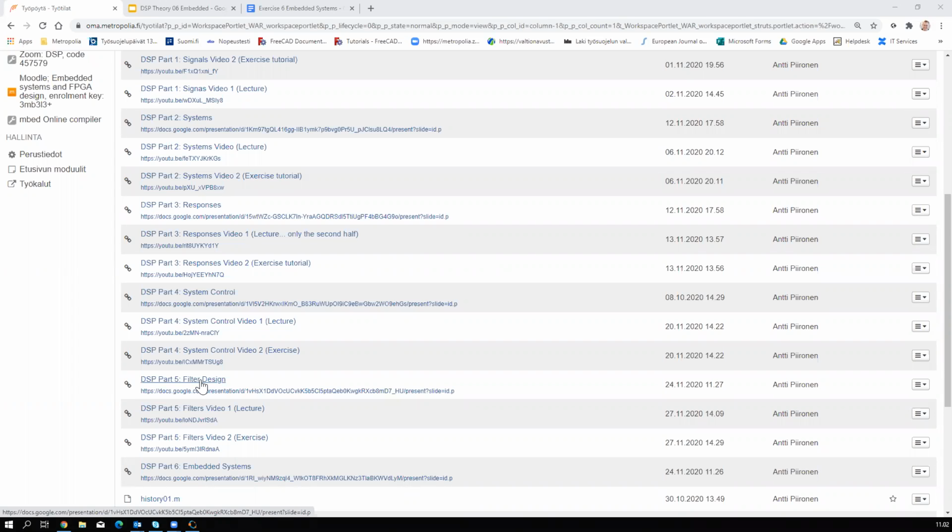This last topic is about what if you have a smaller microcontroller which has only fixed point routines, meaning integer calculations.